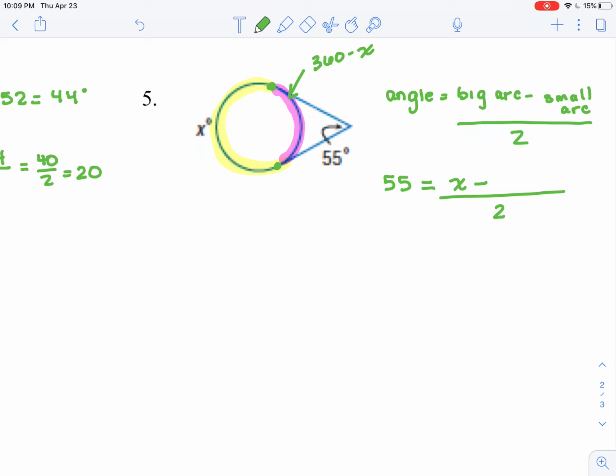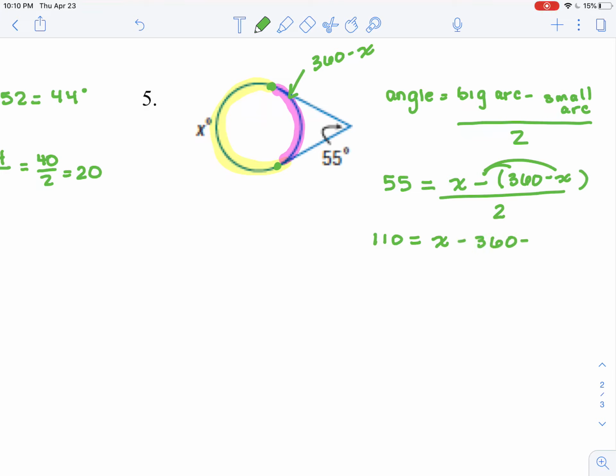When I plug that into my formula, I have x minus the small arc, 360 minus x, has to go into parentheses. Be careful of that. And now we can solve. So I would multiply both sides of the equation by 2. So 110 equals, I'm also going to distribute this minus sign.